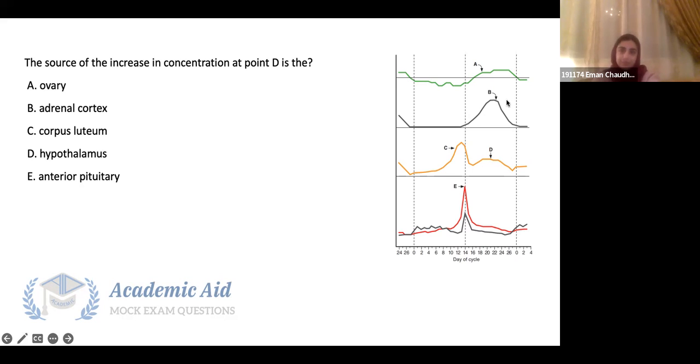What is the black? Progesterone, good. What is the green line? This is the one that was missing from the diagram earlier. Good job, Payam. It's inhibin. It's typically lower than the rest, okay?